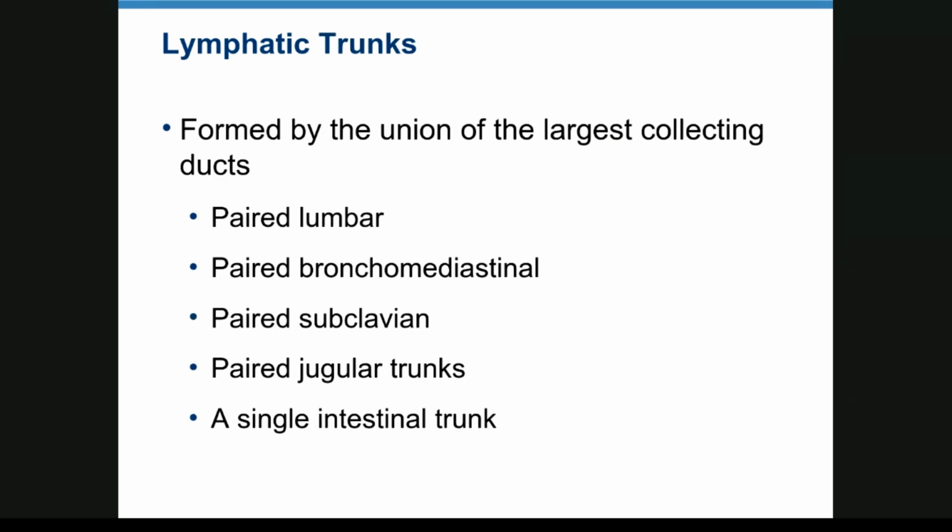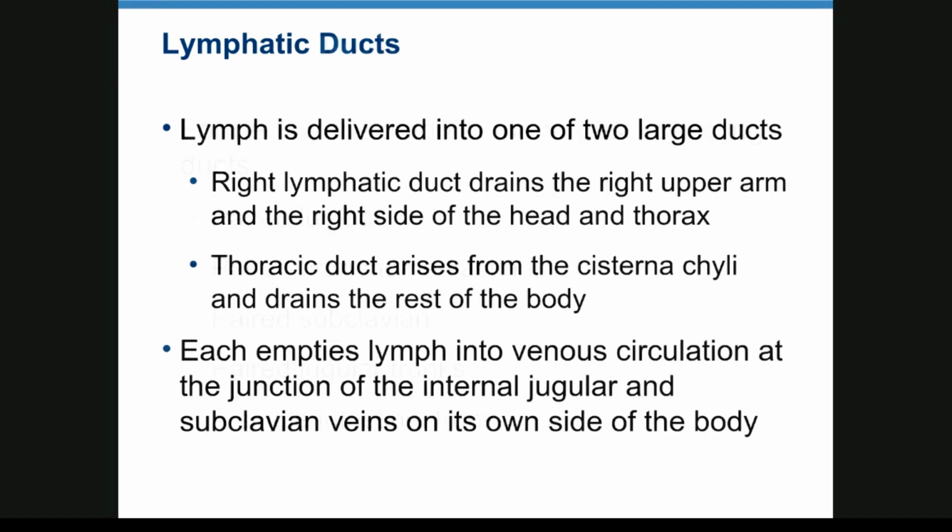Okay, the trunks: we have lumbar trunks, bronchomediastinal trunks, subclavian, jugular trunks, and a single intestinal trunk. Now, ducts: lymph is delivered into one of two large ducts. On the right side, the right lymphatic duct drains the upper arm and the right side of the head and thorax.